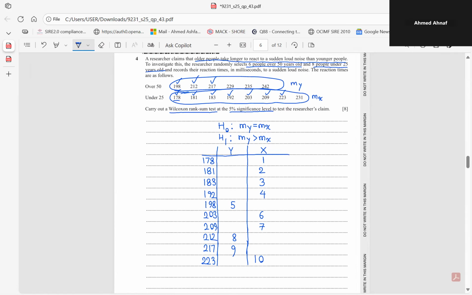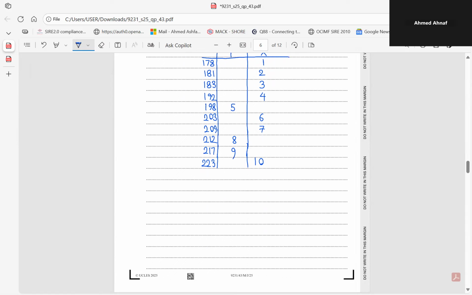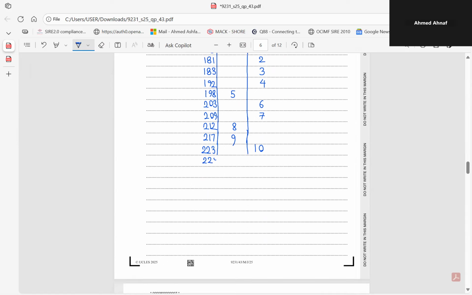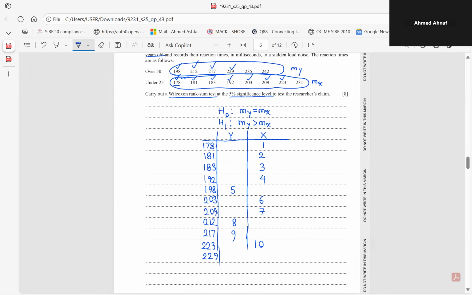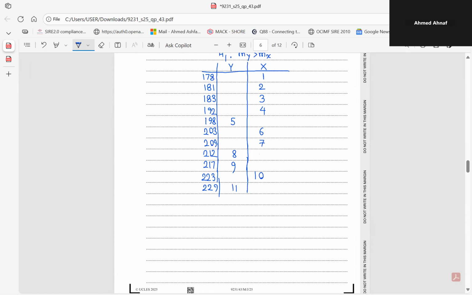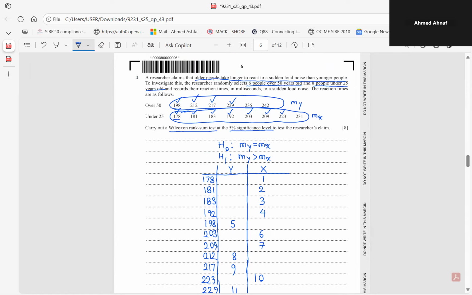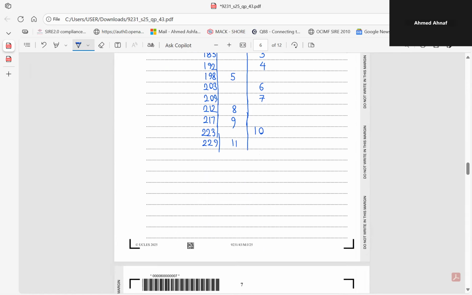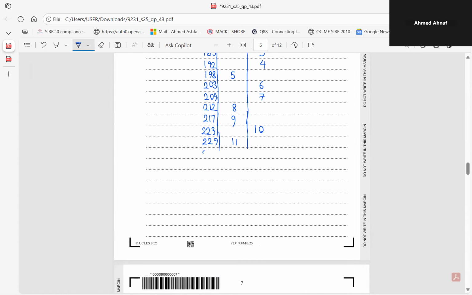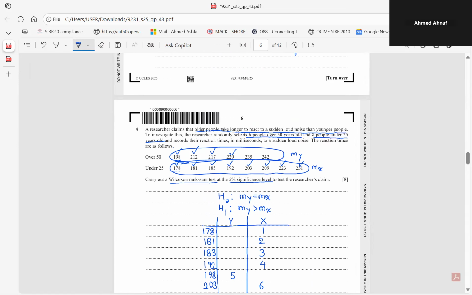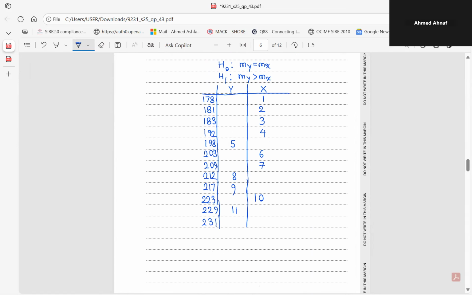And then we have 229. That is 11, from older people, over 50. And then 231, which is from under 25, so that's X. So this is 12.